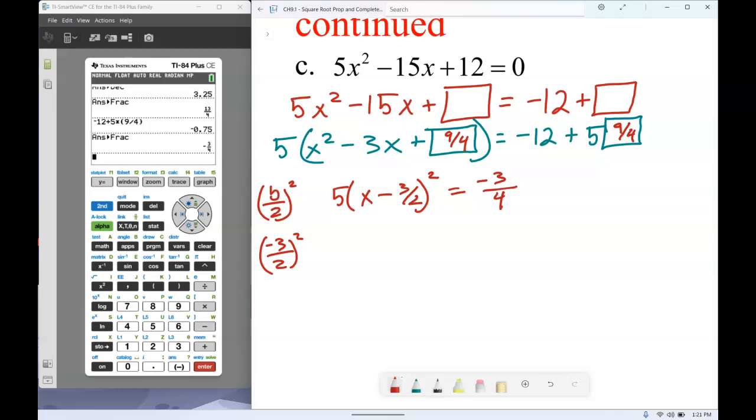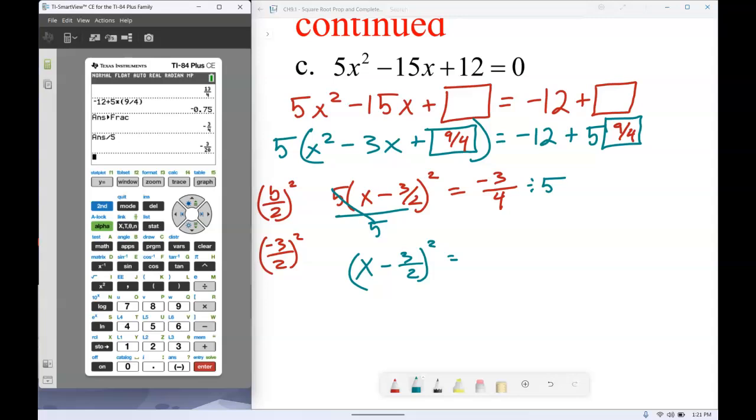Now you see why we're going to have an imaginary, because our right-hand side is negative. And then, how do I get rid of that coefficient? Divide by 5. So x minus 3/2 squared equals -3 over 20.